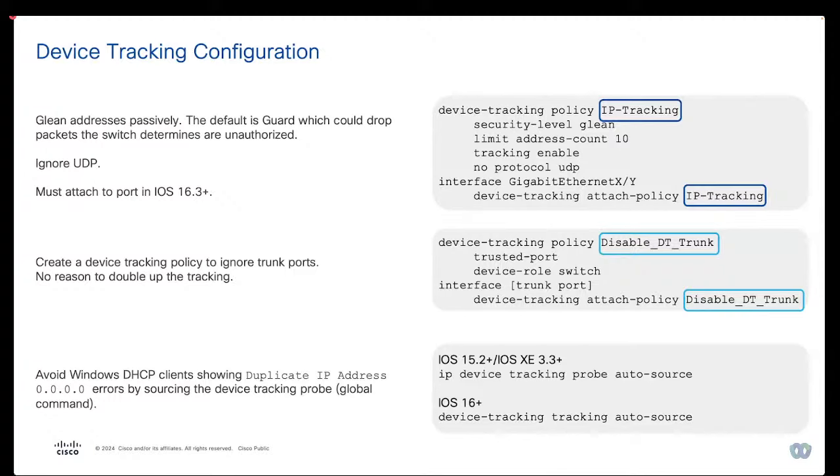It's because we needed to source the device tracking, and it is two different commands. In iOS 15.2 and up, or iOS XE 3.3 and up, use the ip device tracking probe auto-source command, which just auto sources from the SVI. In iOS 16 and up, it changed to the device tracking auto-source command.